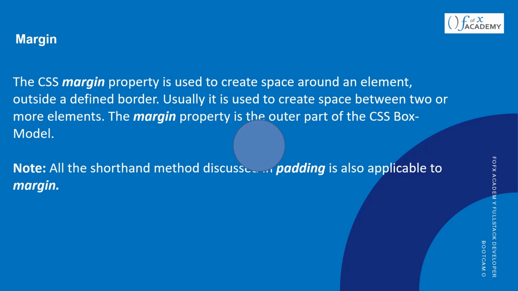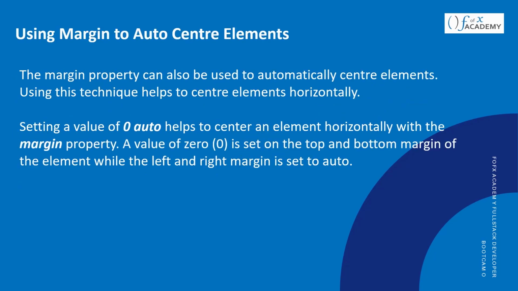The margin property is the outer part of the CSS box model. Like we said, the CSS box model is just like a box. So padding helps to add space inside, while margin helps you to add space outside your element. Remember, padding inside, margin outside. By the time we start writing code, we will see this very well.